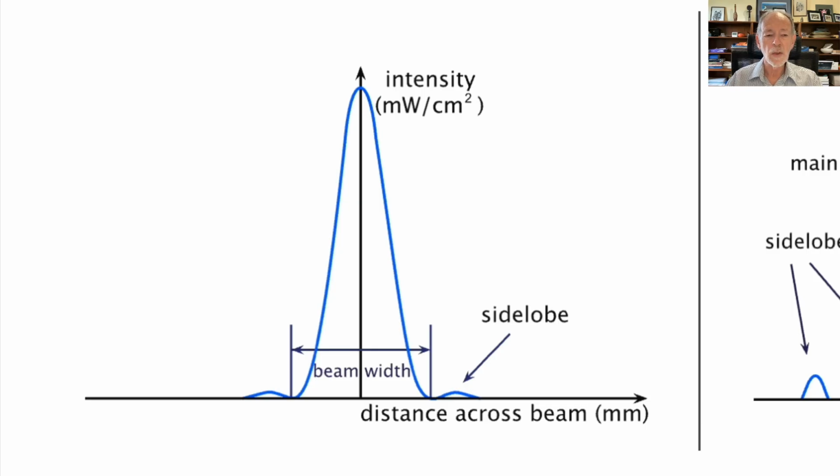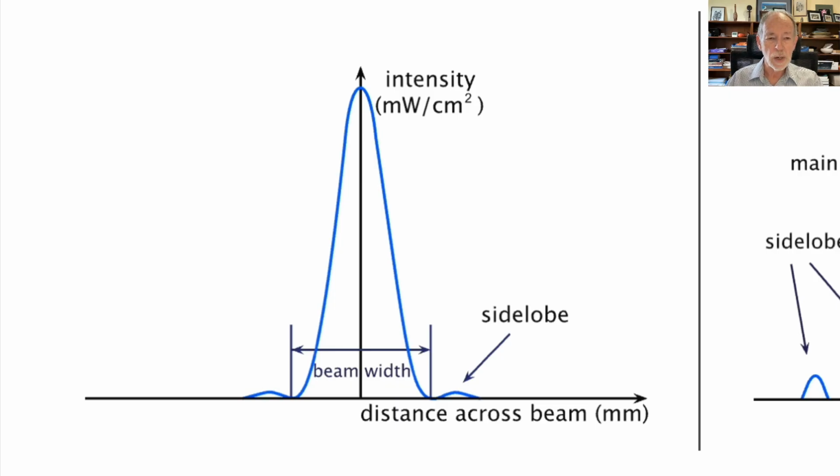Notice, however, that there are little bumps outside of the main beam, which we refer to as side lobes. So this is unwanted energy being directed in other directions, not within the main beam. This is an unfortunate fact that when you focus any kind of wave energy at all into a beam, there will be side lobes as well.